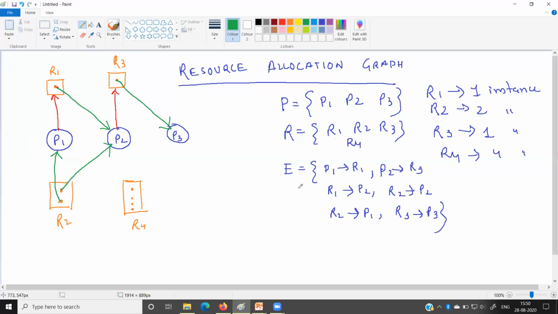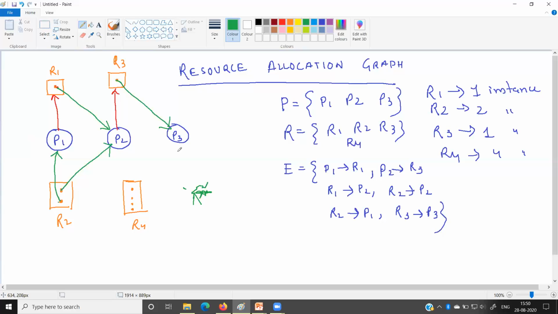So how can we say, by observing the resource allocation graph, whether the deadlock is there? If there is no cycle, no deadlock. Fine.